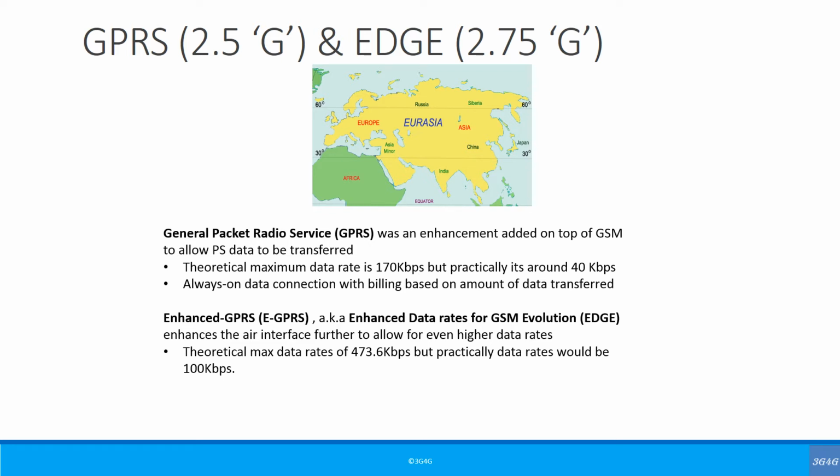So GPRS was an enhancement, and nowadays any phone you buy, even though you might call it a GSM phone, supports at least GPRS. So you can do some kind of data. A theoretical maximum data rate is 170 kbps, but practically it's around 40 kbps.